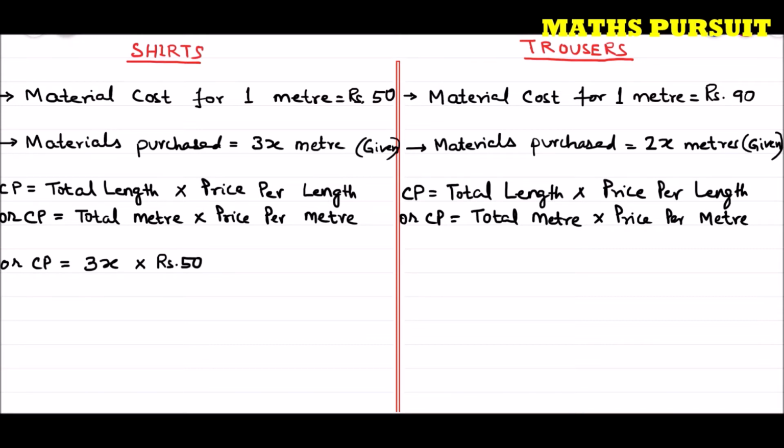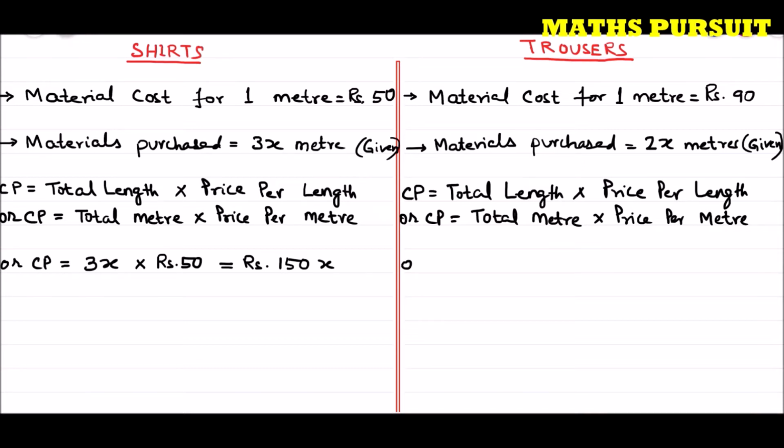The first line says that material cost for 1 meter is equal to rupees 50. We have taken that into consideration. So 3x into rupees 50 is equal to rupees 150x.